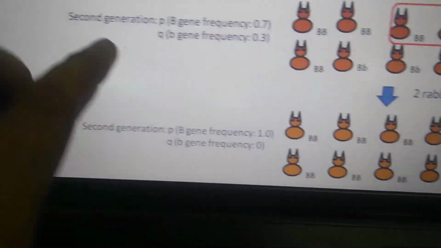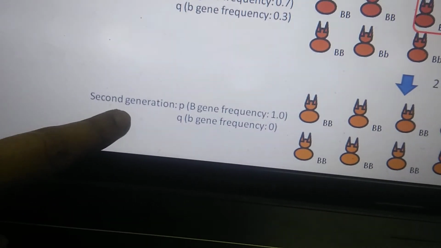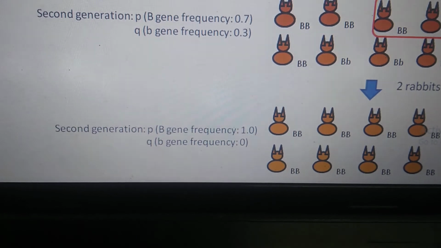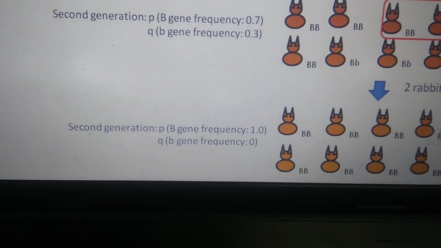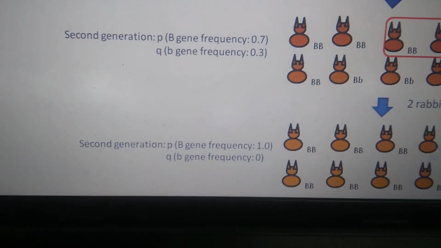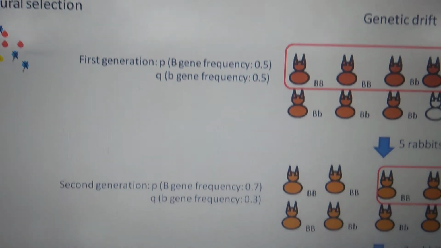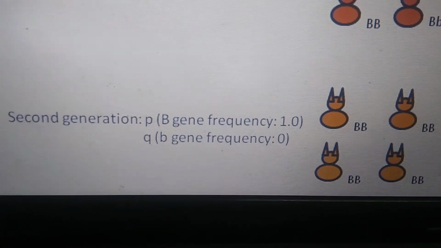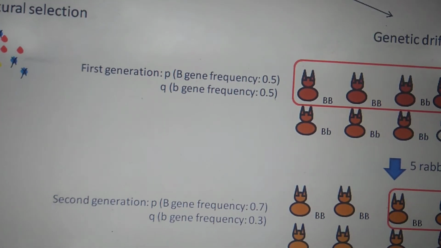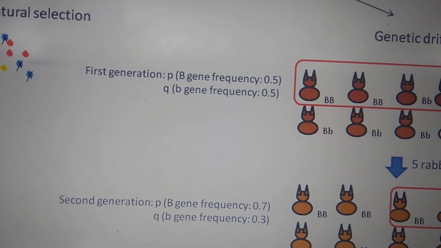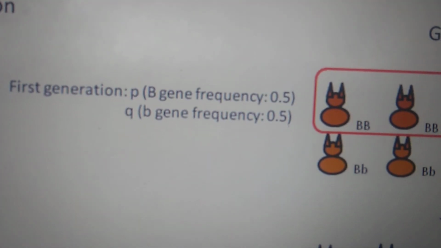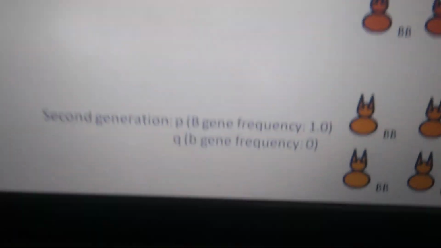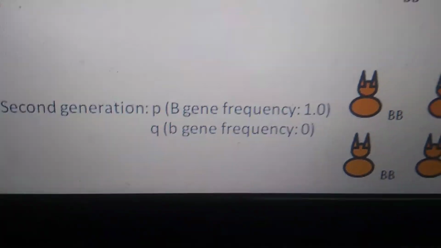Likewise, this is not the second generation, this is the third generation. The capital B, or dominant allele frequency, changes from 0.5 to 0.7 to 1, while the small b, or recessive allele frequency, changes from 0.5 to 0.3 in the second generation to 0 in the third generation.